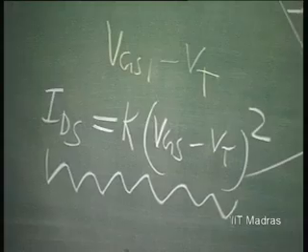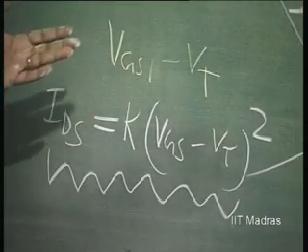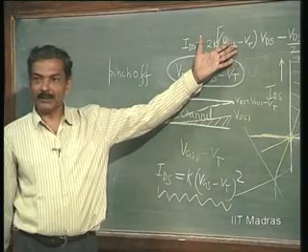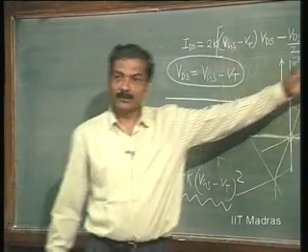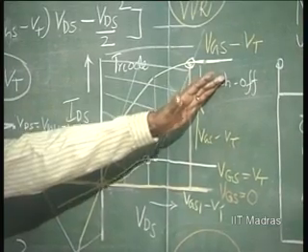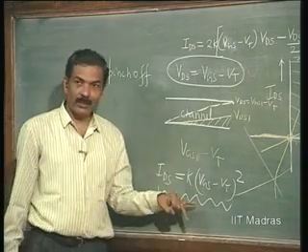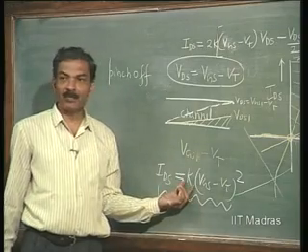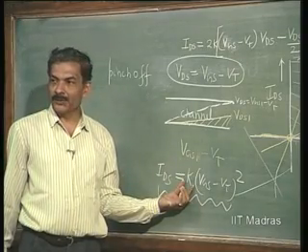So, please remember these simple equations which depict the entire region of operation of the field effect transistor. This is what is called the square law equation. K is dependent upon the W by L ratio.